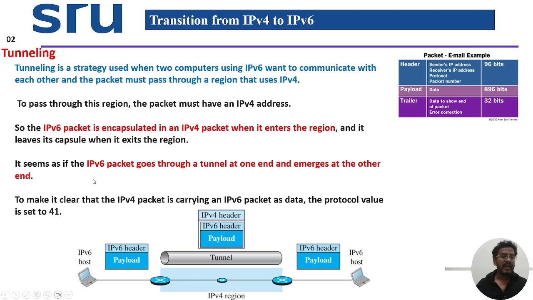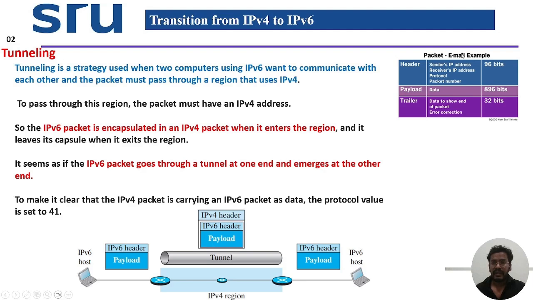It seems as if the IP packet goes through a tunnel at one end and emerges at the other end. To make it clear that the IPv4 packet is carrying an IPv6 packet as data, the protocol value is set to 41.